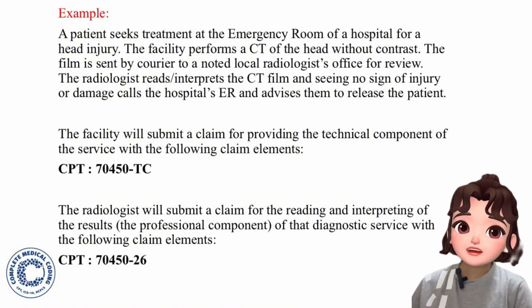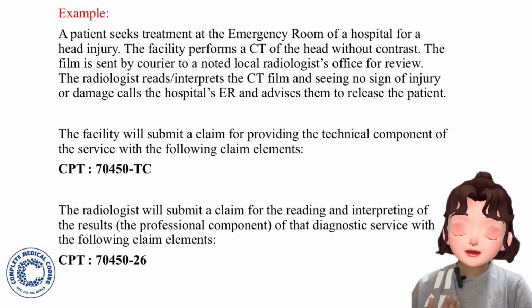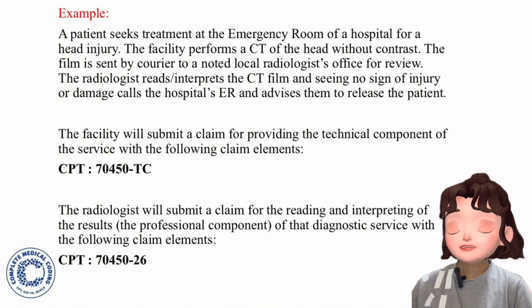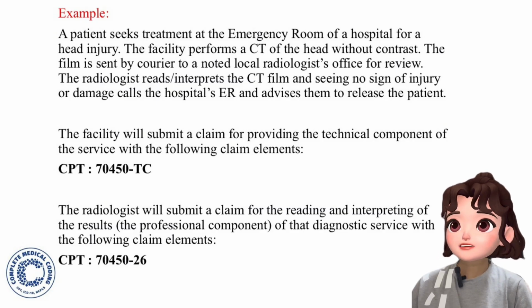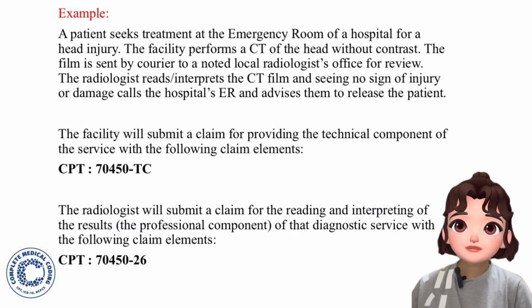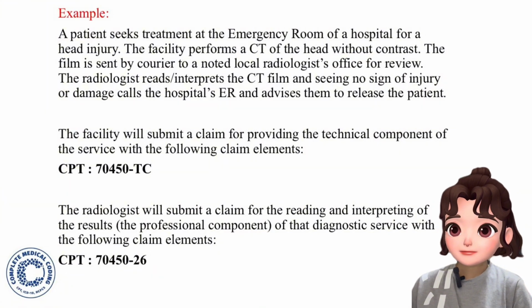So I am not explaining any diagnosis or place of service here, just the modifiers. How does the facility report this service? Here the equipment is not owned by the facility, right? So you have to append modifier TC, technical component.